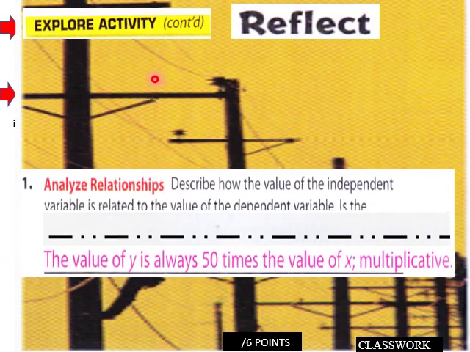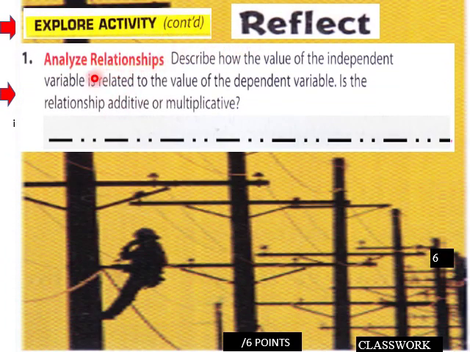So an explore activity for this, a reflection here. Analyze relationships. Describe how the value of the independent variable is related to the value of the dependent variable. Is the relationship additive or multiplicative?